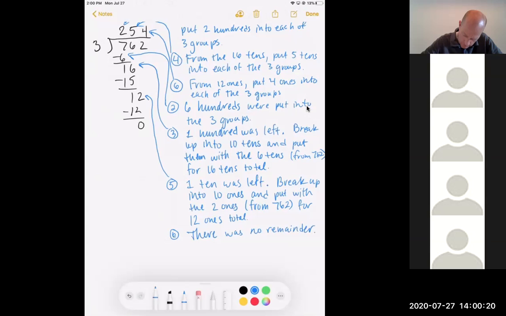Wouldn't that be step 7? Yeah, thank you. Okay, and then I'm skipping, let's see.